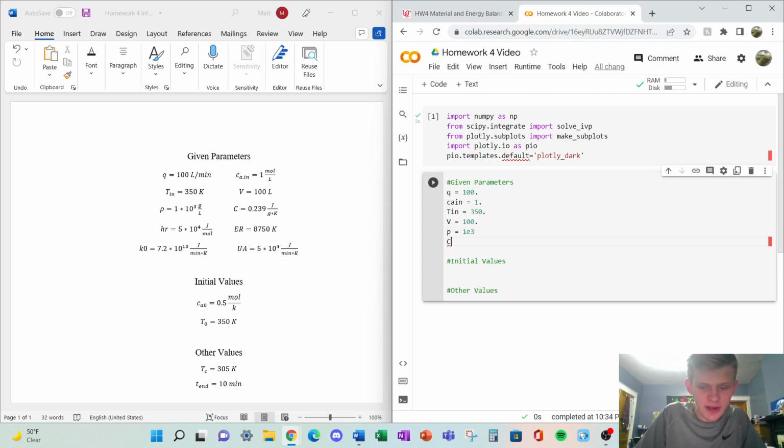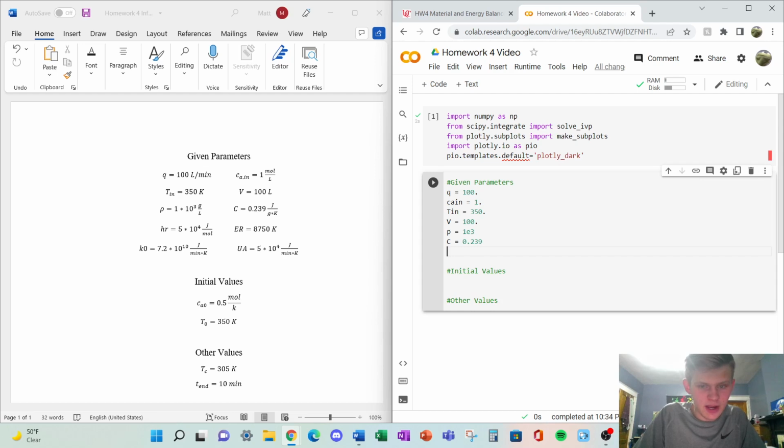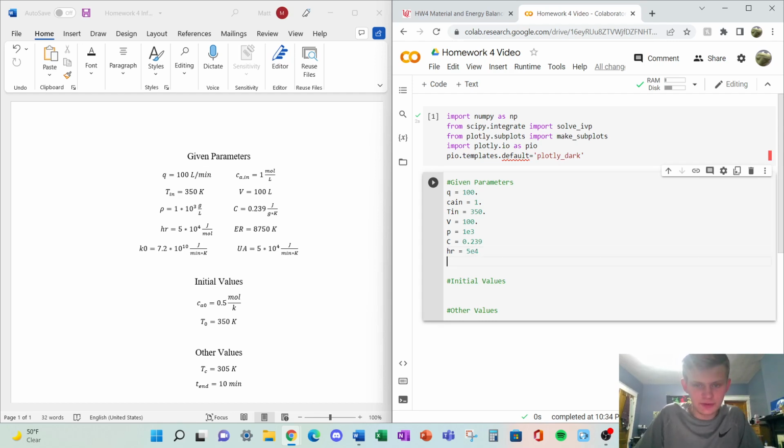And then we have our heat capacity, which is going to be 0.239. And then our heat of the reaction is going to be 5 times 10 to the fourth.